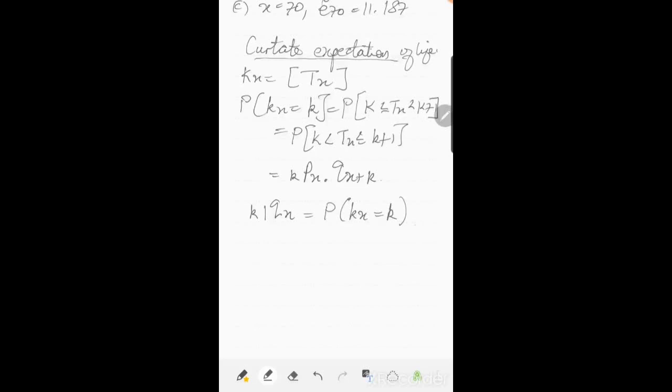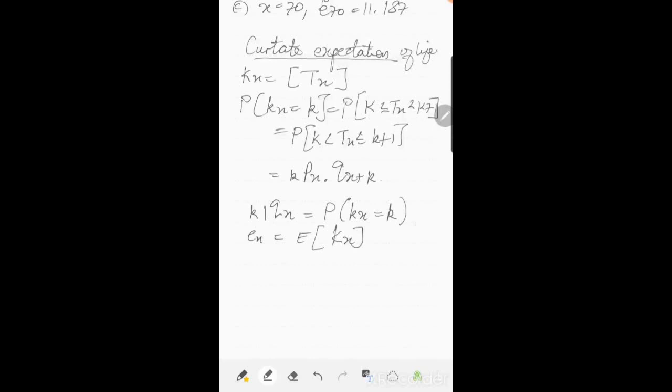So deferring is just pushing things ahead. Now the curtate expectation is denoted by ex only. So ex is just the expectation of the curtate future lifetime, which is Kx.